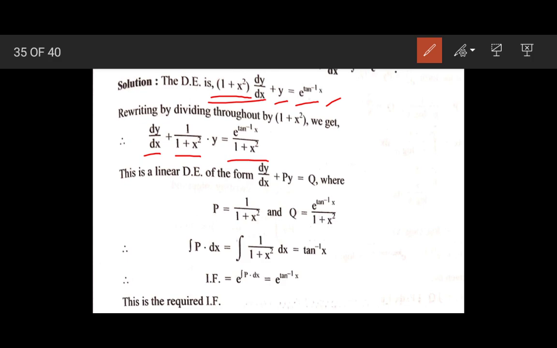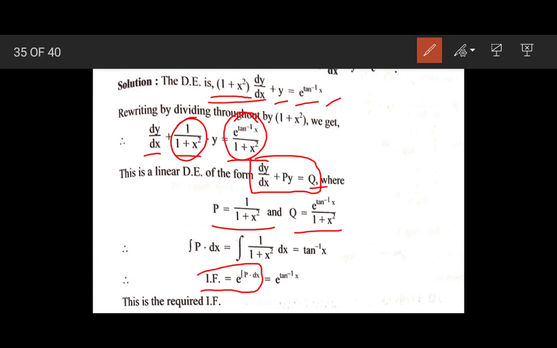Now this is exactly in the form dy/dx + Py = Q, where P is 1/(1 + x^2) and Q is e^(tan^-1 x)/(1 + x^2). Now let us find the integrating factor.